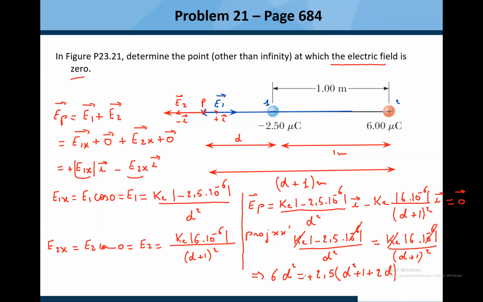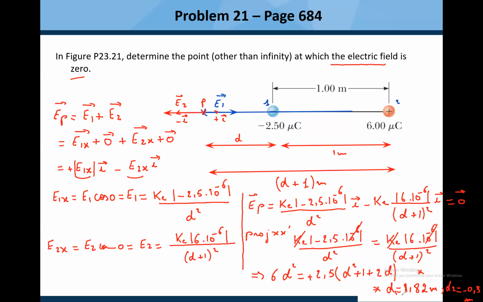You can calculate this equation by calculator. You get the final answer: d equal 1.82 meter, and this is d1, and d2 equal minus 0.392 meter.